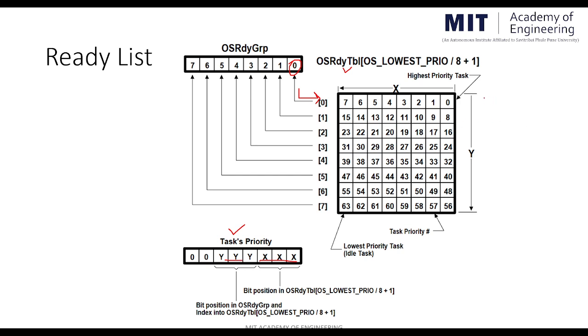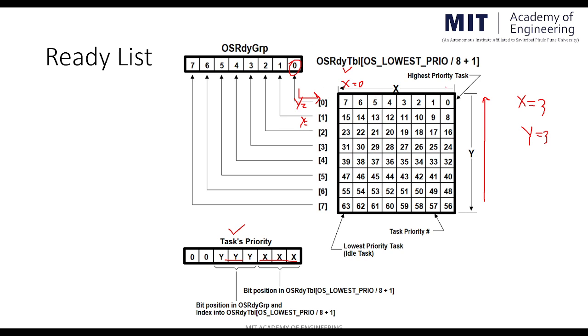In the OS RDY table, the number of rows is nothing but Y. So this is Y equal to 0, Y equal to 1, Y equal to 2. Similarly, this is X equal to 0, X equal to 1. So if the value of X is equal to 3 and the value of Y is equal to 3, then which bit from the OS RDY table will it point to?